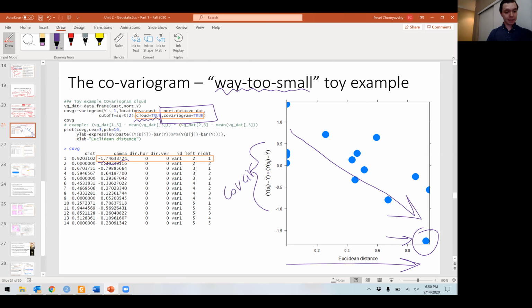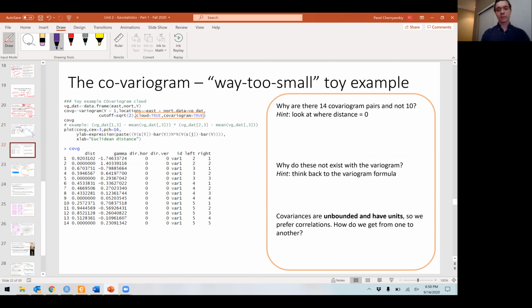So the other thing to notice here, look at the cases where distance is 0. So for example, point number 2, point number 5, 9, and 14. What is happening there? That is where the distance is 0.